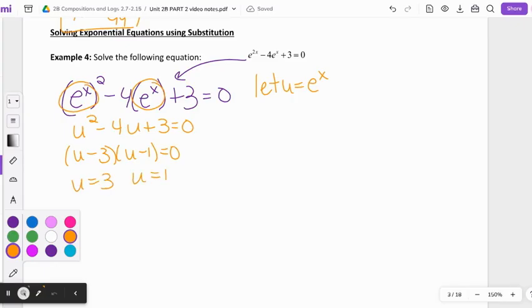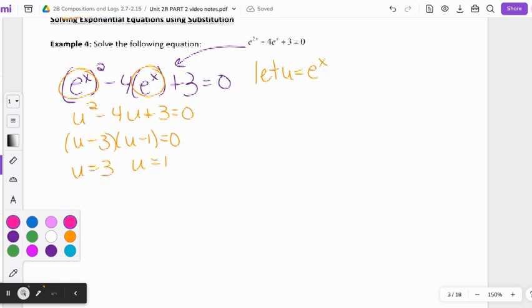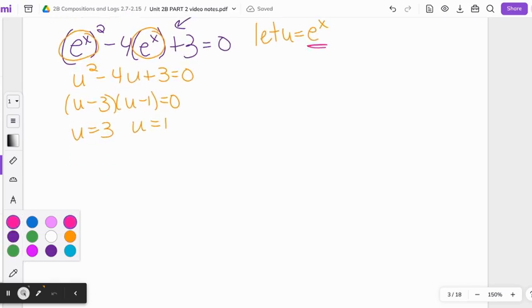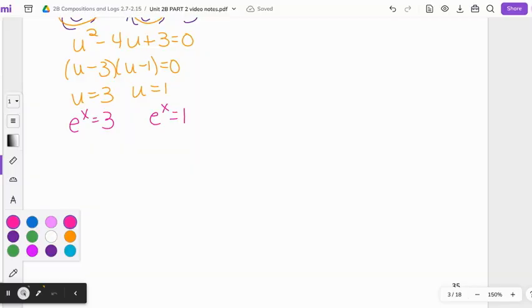But we weren't solving for u, we were solving for x. That means we now replace u with e to the x. And we solve. Since it's e to the x, I'm going to go log form, which means it will be ln of 3 equals x. And on the second one, it'll be ln of 1 equals x.